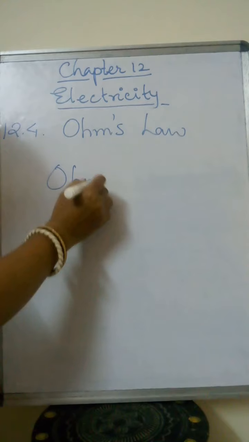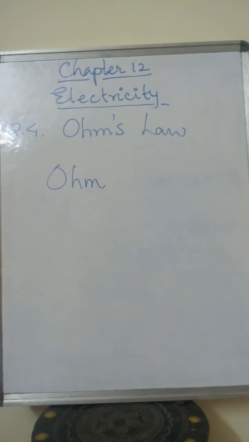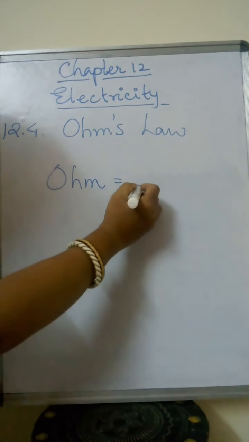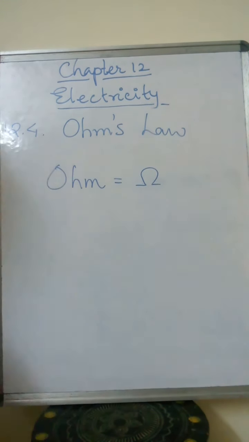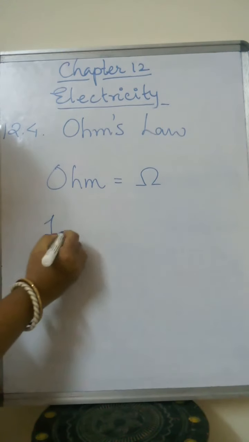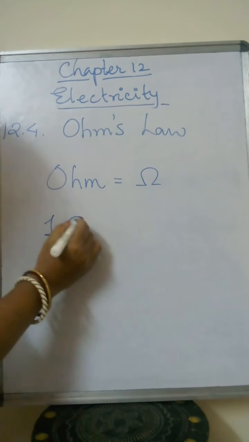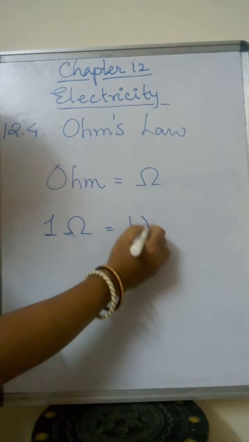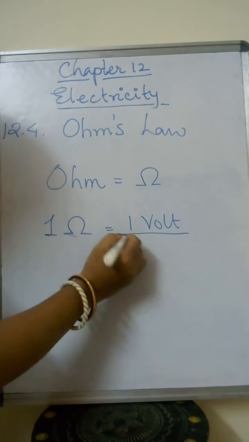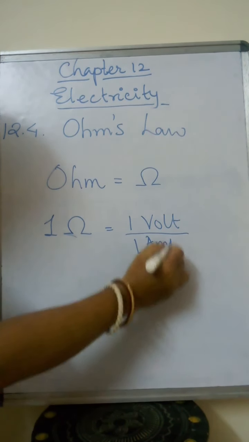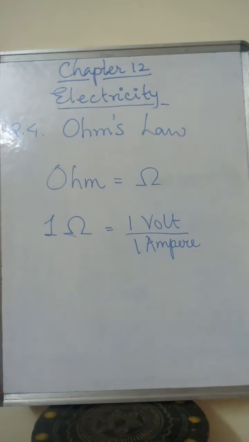The SI unit of electrical resistance is ohm, and the symbol of ohm is this. 1 ohm is equal to 1 volt by 1 ampere.